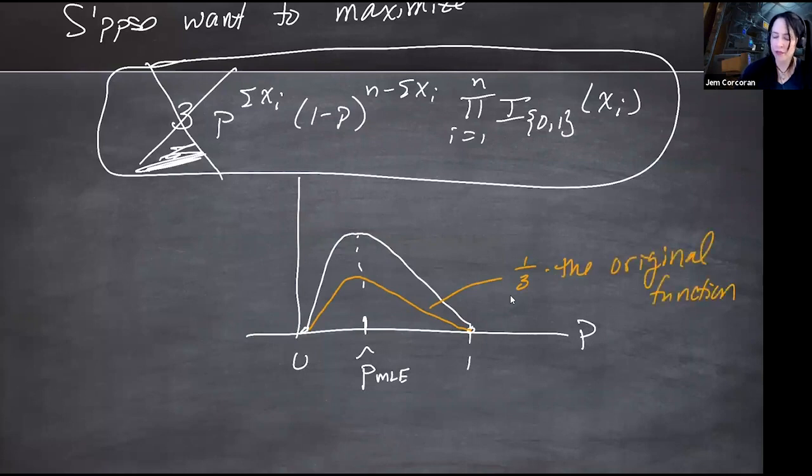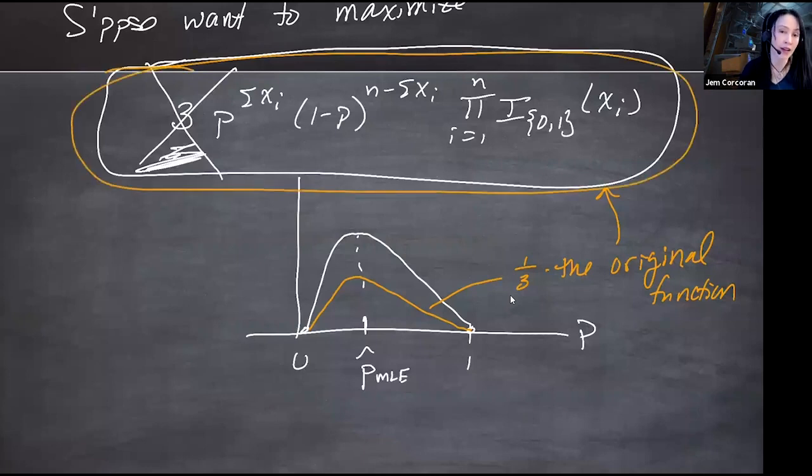You could drop a 3 if it was in there. Equivalently, you could multiply by 3 if it was convenient for you. So this thing in the box, the 3 and all, is not a joint PDF, but is a valid likelihood. So if you want to maximize it, sure, the actual max value is going to change, but the place where it's maximized will not change.